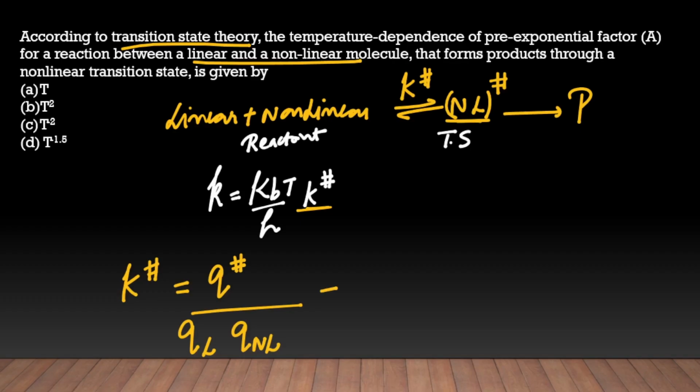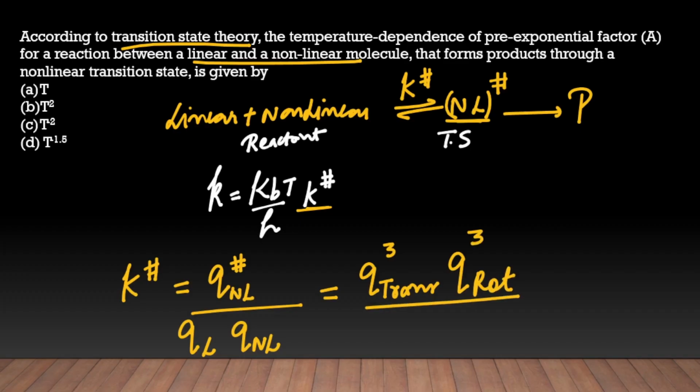Okay, so now I have a non-linear transition state. This is going to have the translational partition function, and the number of translational degrees of freedom is 3, so it will be raised to the power of 3, and the number of rotational degrees of freedom in this is also going to be 3, so the rotational partition function will also be raised to the power of 3.